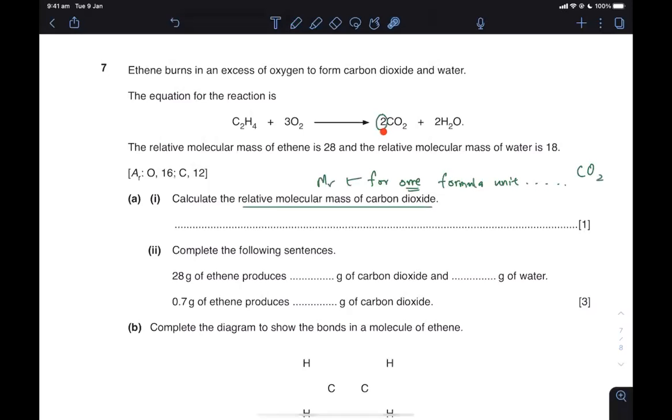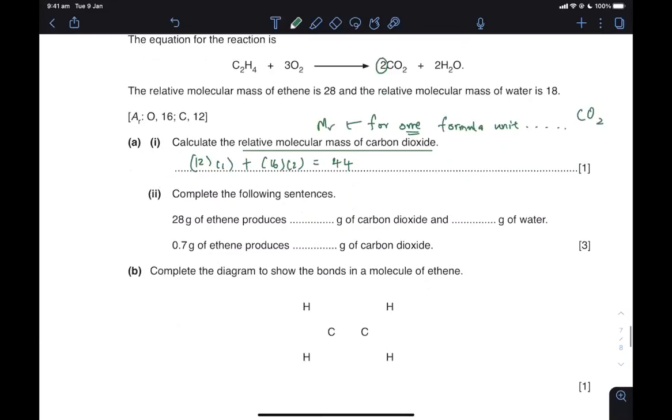We're not looking at the number in front at all. Be very, very careful there. So calculate. There is 1 carbon and there are 2 oxygen. So 12 times 1 for the 1 carbon, and then 16 times 2 for the 2 oxygen. Press your calculator. And like I said, you must know your calculator very well. If you have used a calculator for 3 years and you still press it incorrectly, you still don't know where the buttons are, something is very wrong, after 3 years.